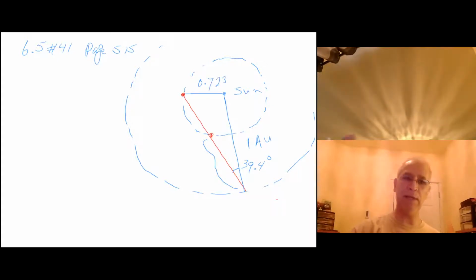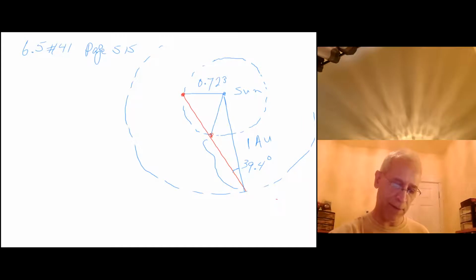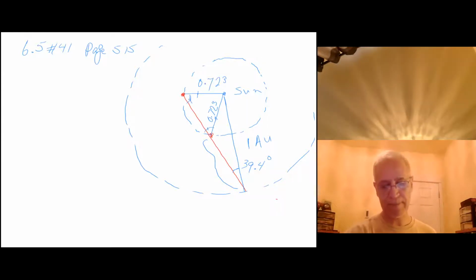Since this is presented as circular motion, this is also 0.723. Using basic geometry, this side is congruent to this side, so therefore this angle is congruent to this angle.